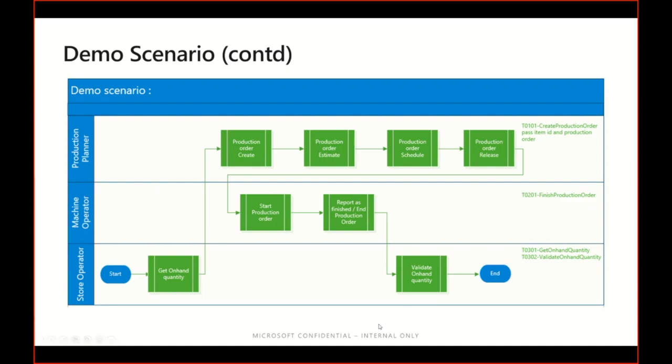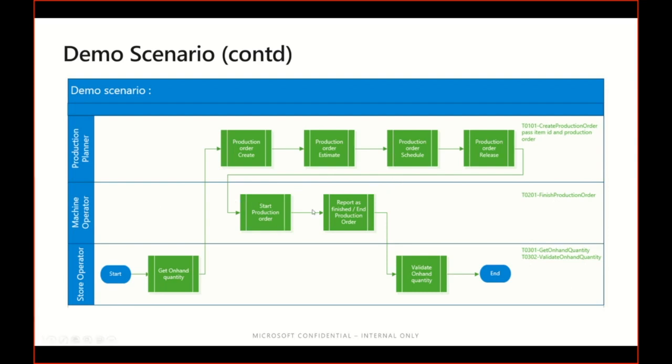And that's what I'm going to validate. I'm just going to validate that my on-hand quantity has increased with the reported good quantity on the production order. And basically, if this last test is failing, then typically I know something went wrong in here, and I also know that this scenario is not valid any longer.